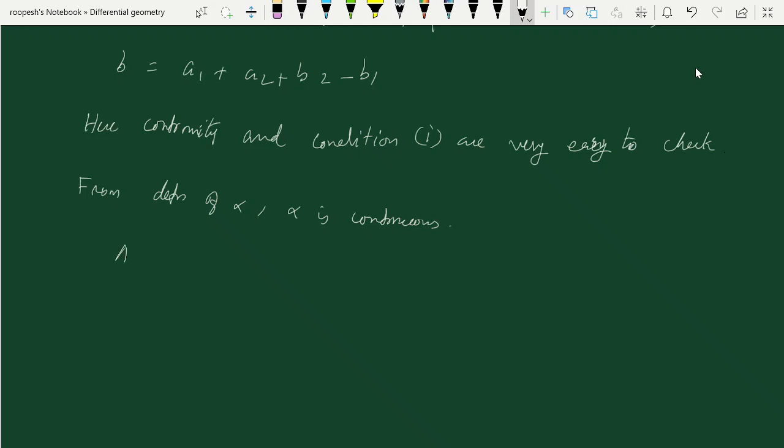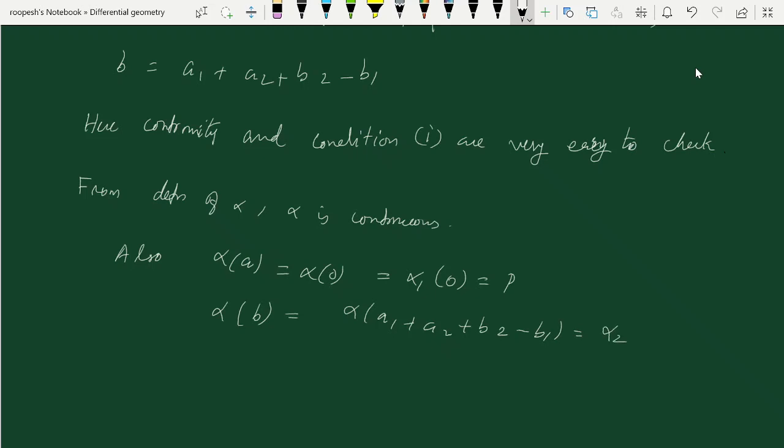Also, alpha of A is equal to alpha of 0, and that's equal to alpha 1 of 0, which is nothing but the point P. Similarly, alpha of B is equal to alpha of a1 plus a2 plus b2 minus b1, which is equal to alpha 2 of 0, that means Q, right?